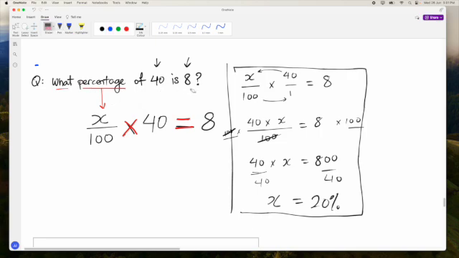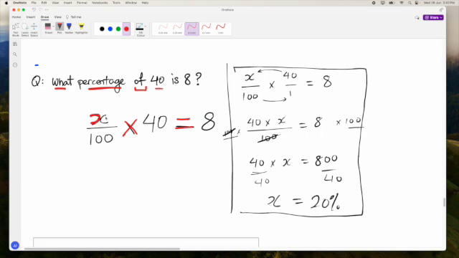Be careful with the wording. A lot of people would want to go and just find 40% of 8. But no, that's not it, right? They're asking you what percentage of 40.